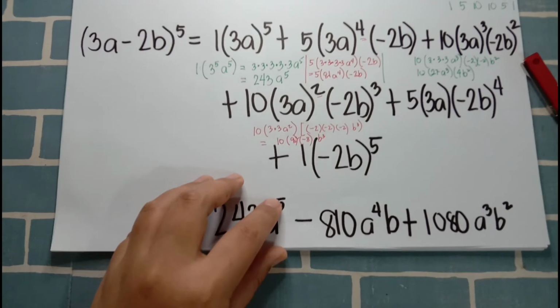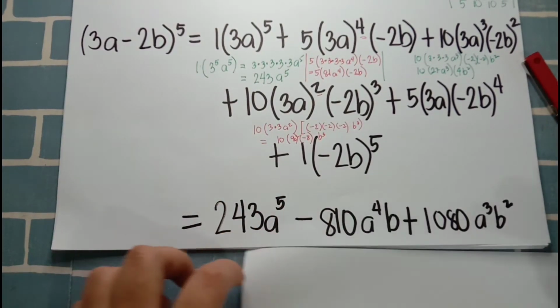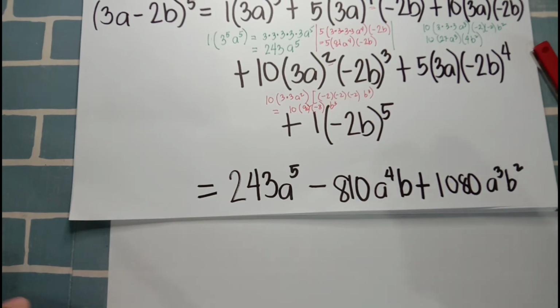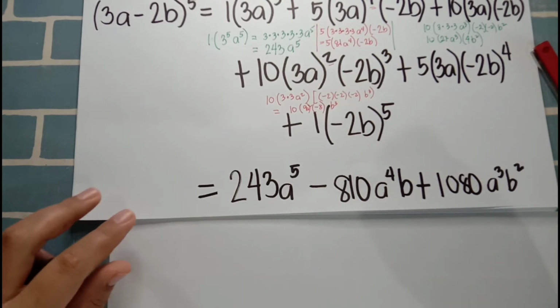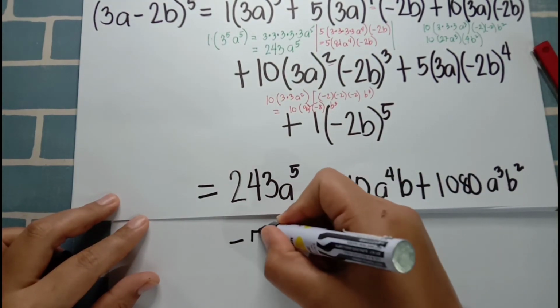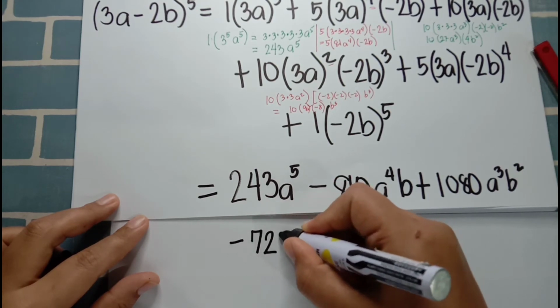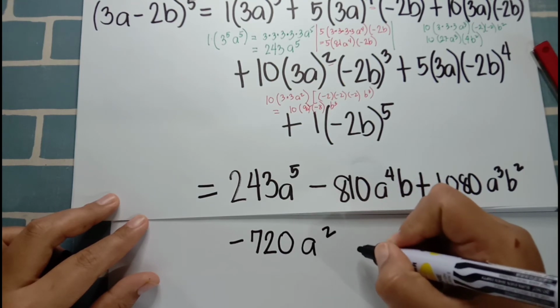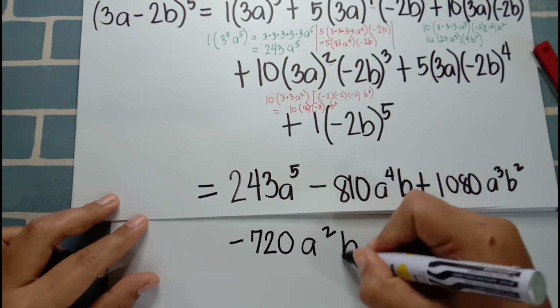The answer is 10 times 9 times negative 8 is negative 720 a squared b cubed.